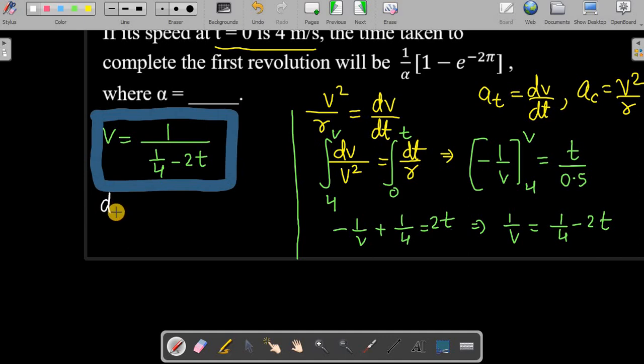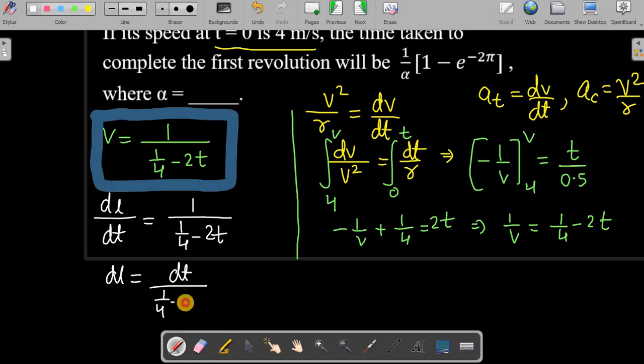So v can be written as dl by dt, this is speed. So this will be 1 by 4 minus 2t. So dl is dt divided by 1 by 4 minus 2t, and let's integrate now.